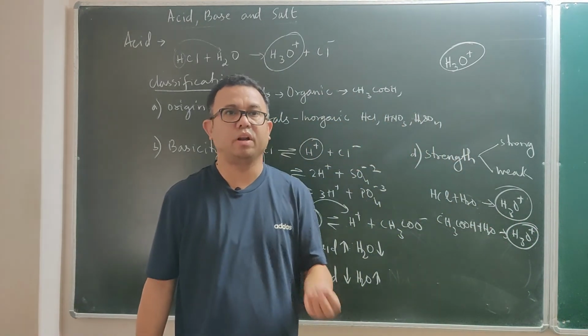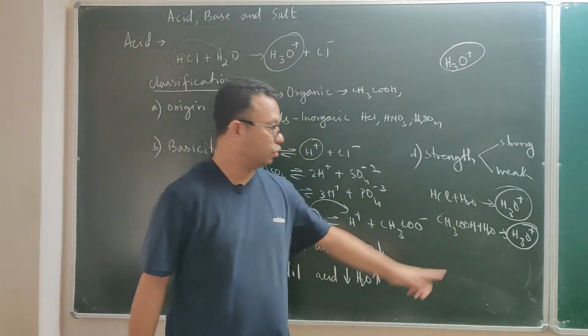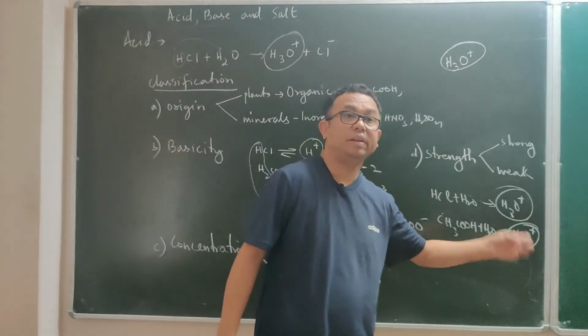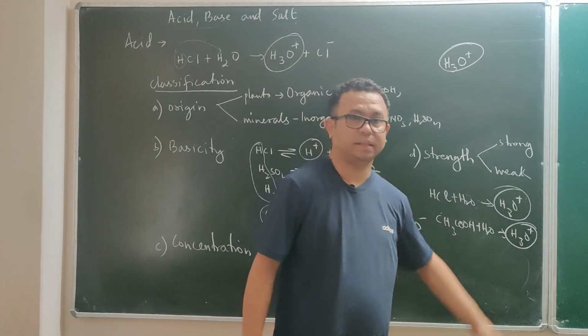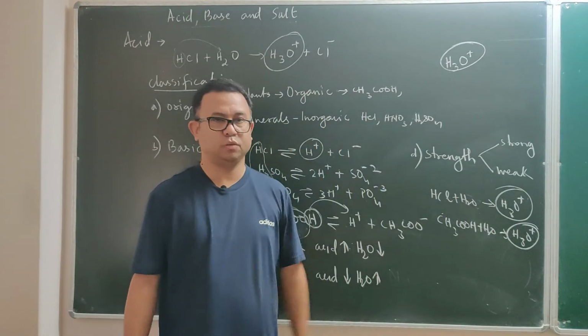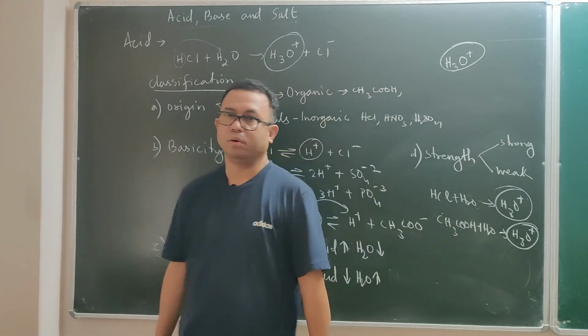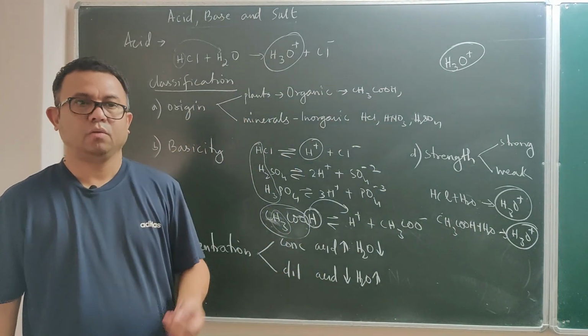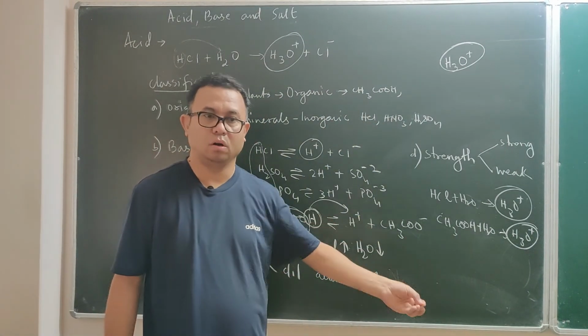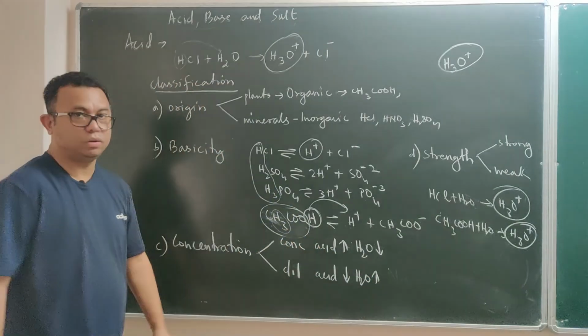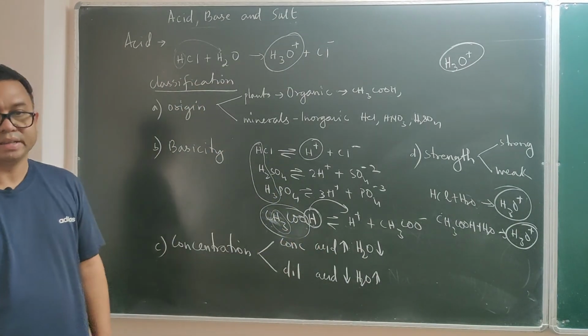Here I am talking about number, not volume. So we say it is a weak acid. Carbonic acid is a weak acid, acetic acid is a weak acid, most of the organic acids are weak acids because the number of hydronium ion produced is very less whenever they are dissolved in water. This is your classification of acid.